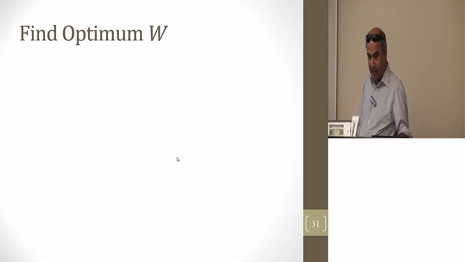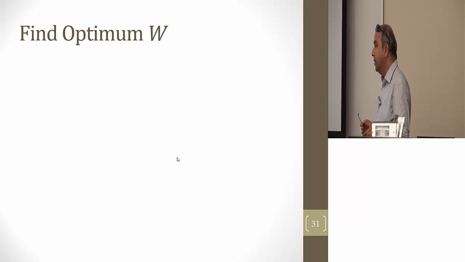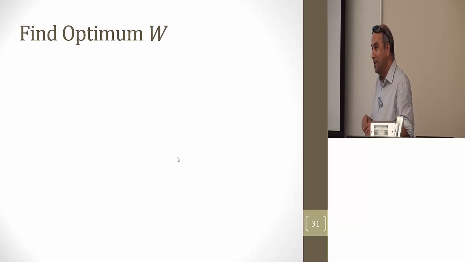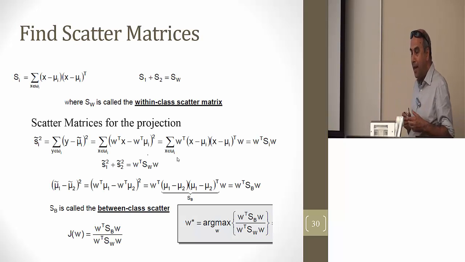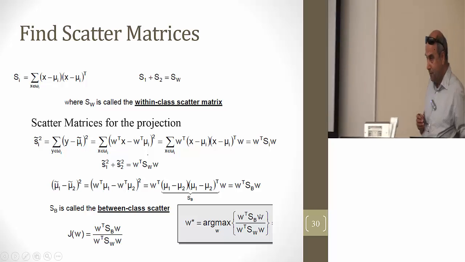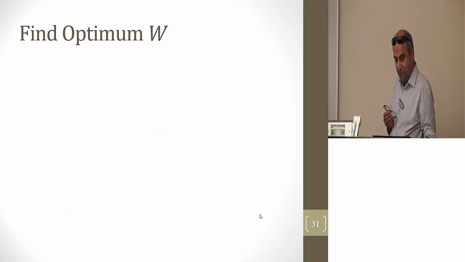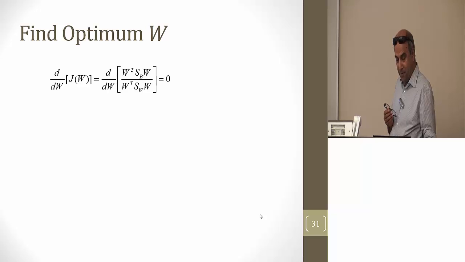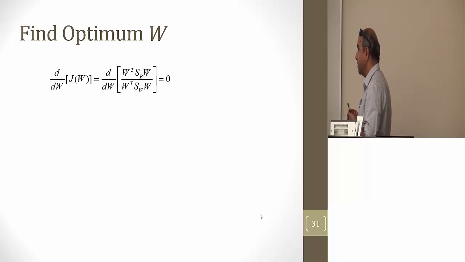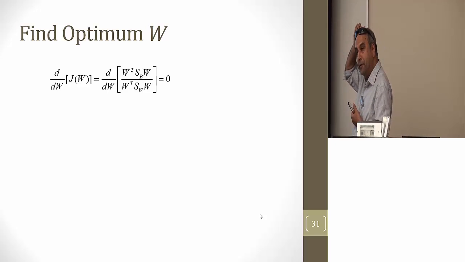Whenever you want to maximize or minimize, what do you do? You have learned so far, and then you become an expert. What do you do? Gradient. You differentiate it, okay? And we'll differentiate this with respect to what? What is the unknown? W. So we want to differentiate with respect to W. So that's a numerator and a denominator.